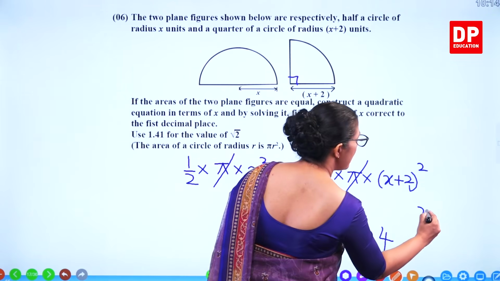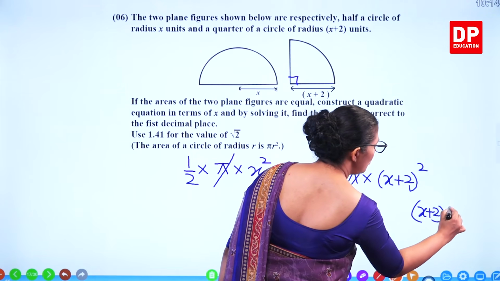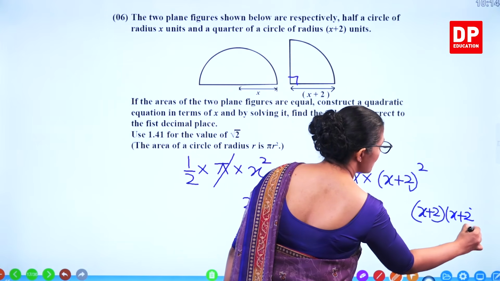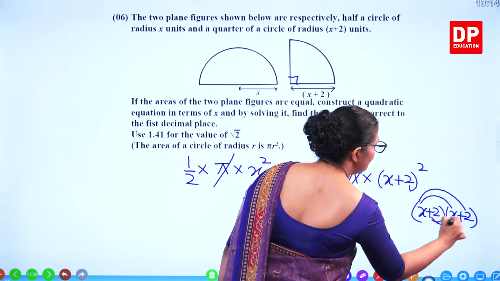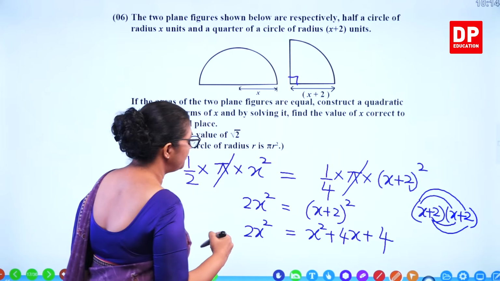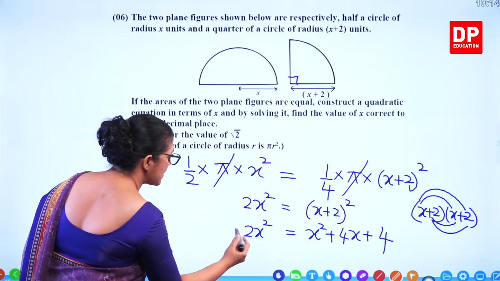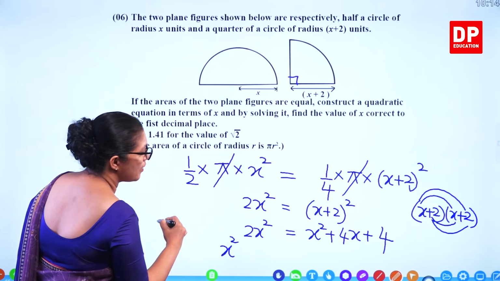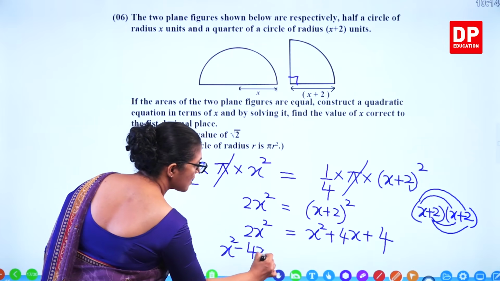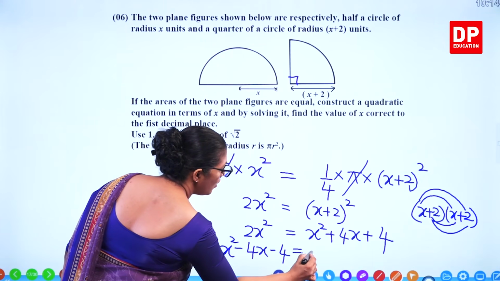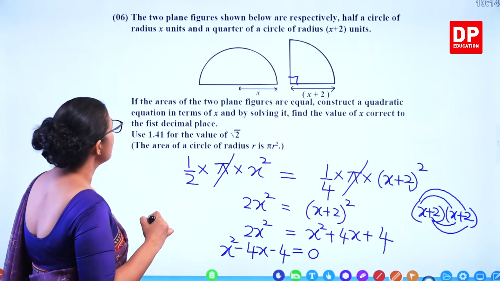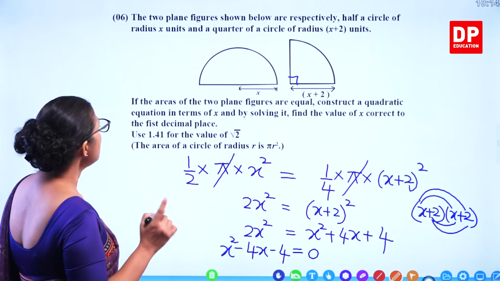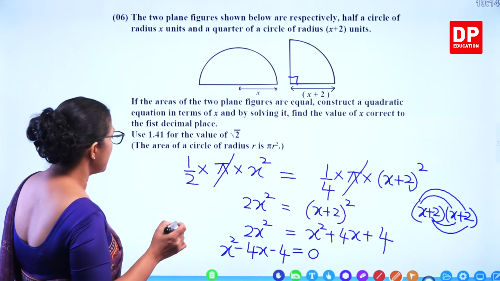You can separately multiply x plus 2 into x plus 2. Now take all terms to this side. 2x squared minus x squared. x squared minus 4x minus 4 equals 0.